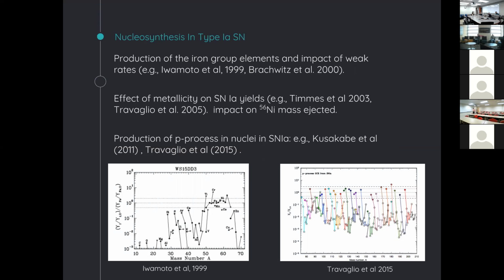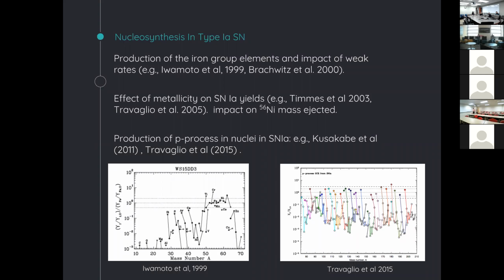Something that I find particularly interesting, although it's not a primary concern for the JINA-CEE community, as far as I understand it, is p-process nuclei in supernova 1a. There has been some work, Travaglio there, 2015. You can see the plot. The solid points are all of the 35 classical p nuclei, and you can see that a lot of them are overproduced in type 1a supernova.